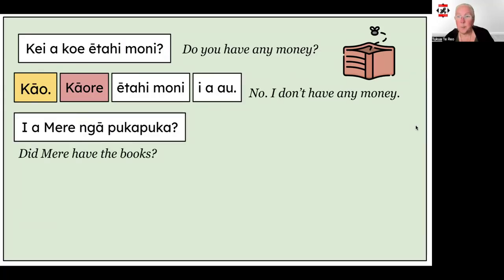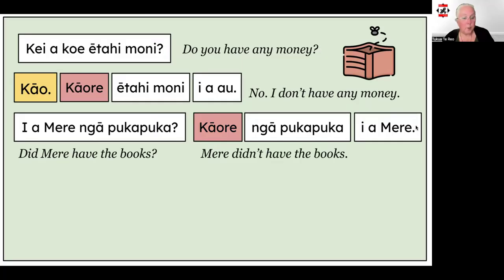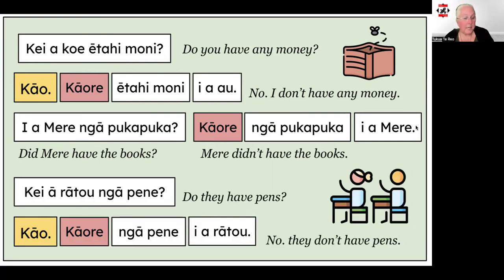I a Mere ngā pukapuka? Did Mere have the books? Kāo. Kāore ngā pukapuka i a Mere. Mere didn't have the books. Last one. Kei a rātou ngā pene? Do they have pens? Kāore ngā pene i a rātou. No, they don't have pens.